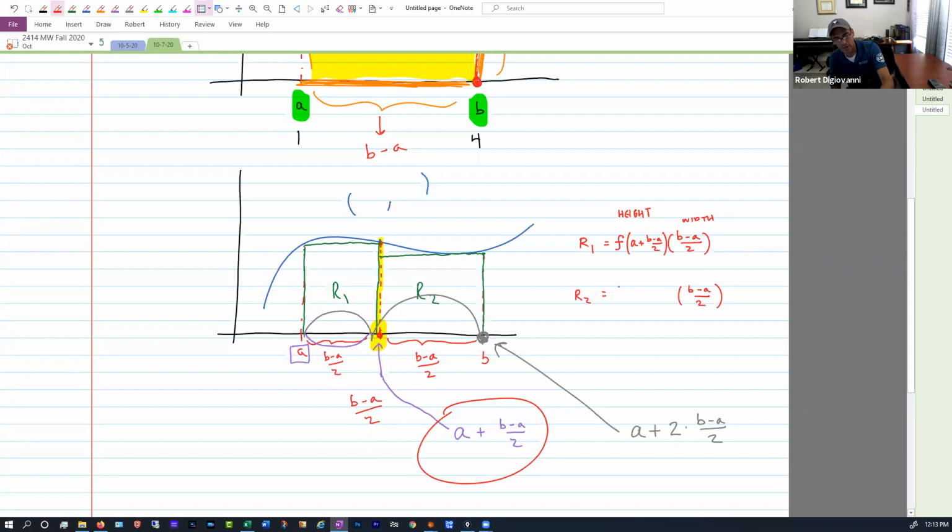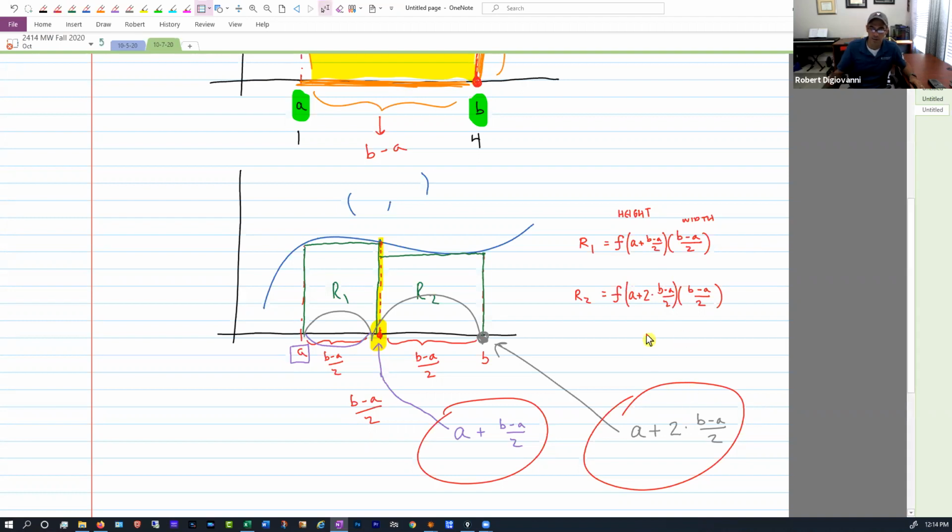And then the height of the second rectangle is what I get when I plug this one in, which is A plus 2 times B minus A over 2. Yay or nay? This is a good time for you to ask a question.